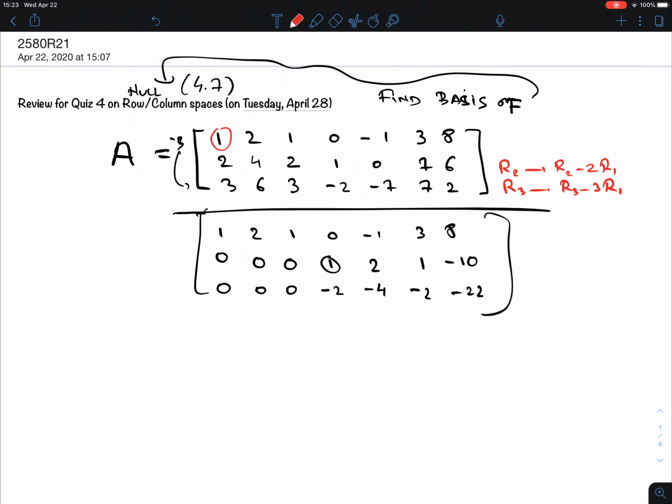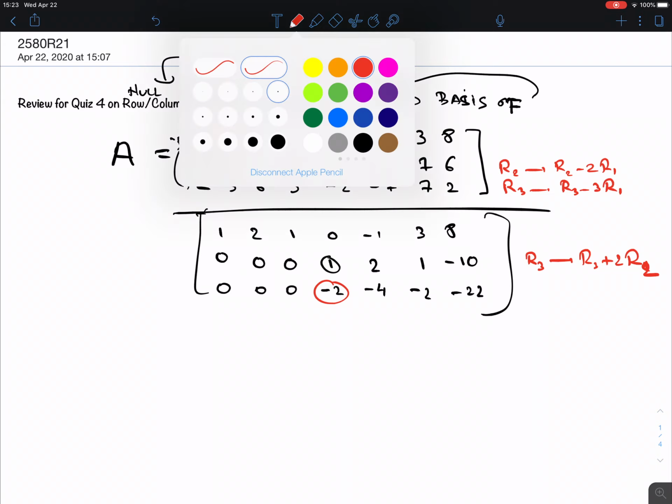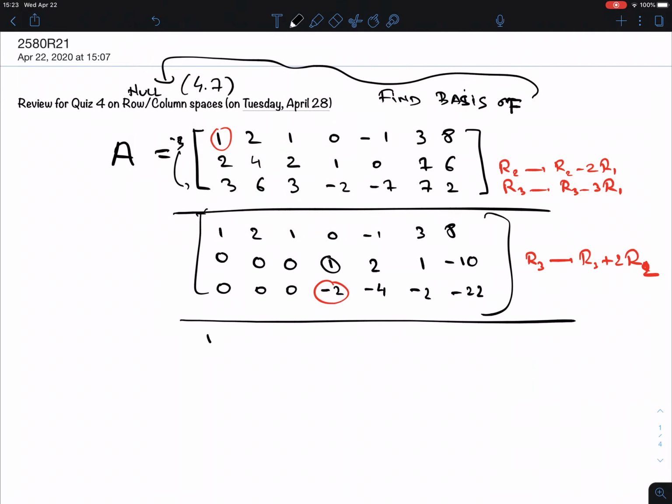So I'm going to do a row operation. I have to get the 0 there, right? So I'm going to do the row operation R3, replace that by 2 times row 2 plus row 3. Okay, so what do we have? These first two rows, nothing changes.